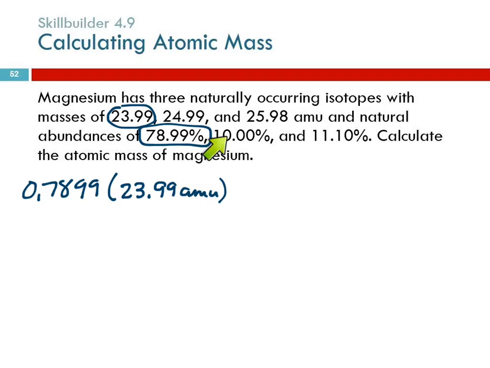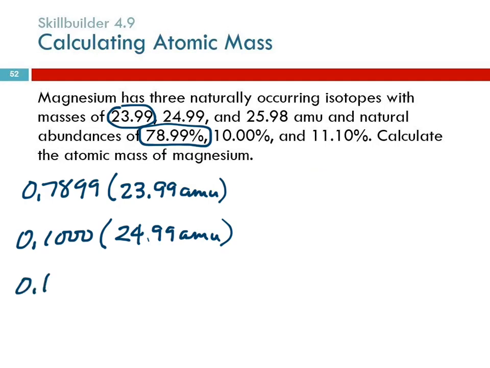Okay, and then this is the second percentage. That's the second mass. So we convert 10% into a decimal. We multiply by the mass of that isotope. And then the third one is 11.1%, 0.1110 times its mass of 25.98. And then we're going to add them all up.